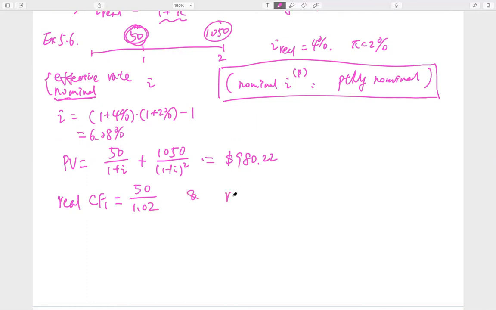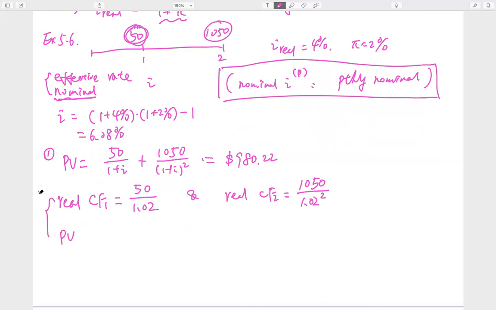Similarly, we can do the same thing for the second cash flow: the original amount is 1050 divided by 1 plus pi squared, okay?